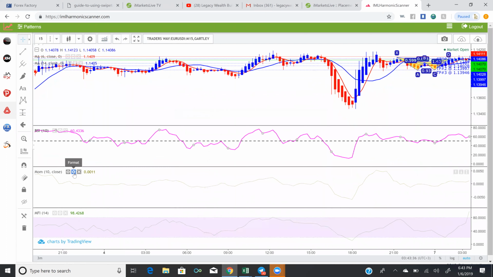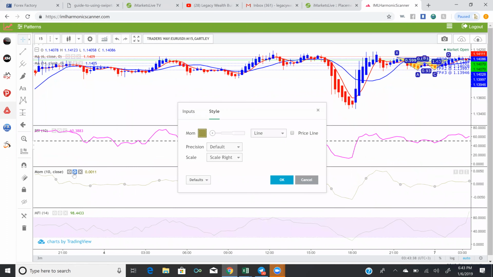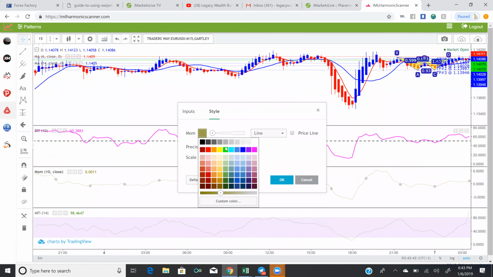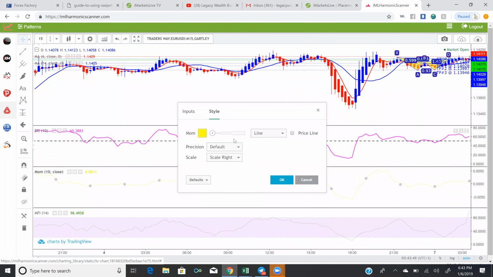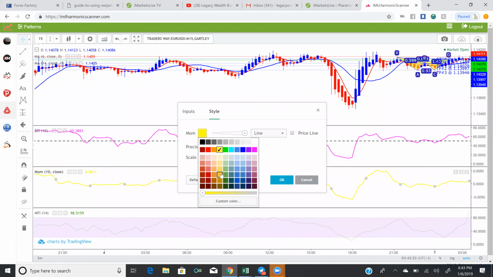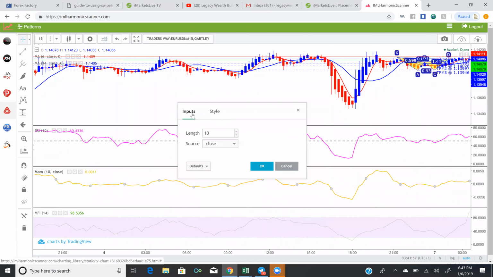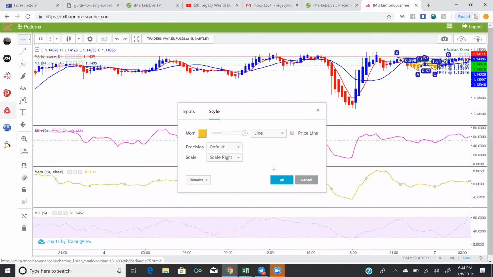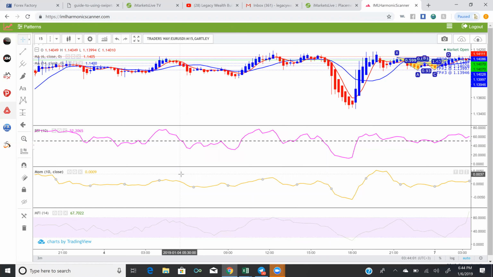Okay, so my momentum, I want that one to be yellow. So I'm going to click the box. Yes, I am recording it. Go to yellow. It needs to be thicker. And you know what? Let's do this yellow right here. That's better. Style. The input is 10. Click OK.